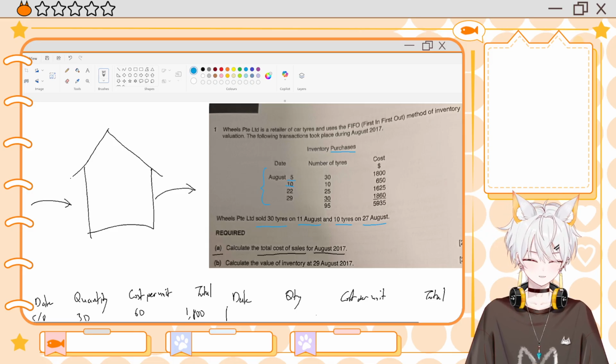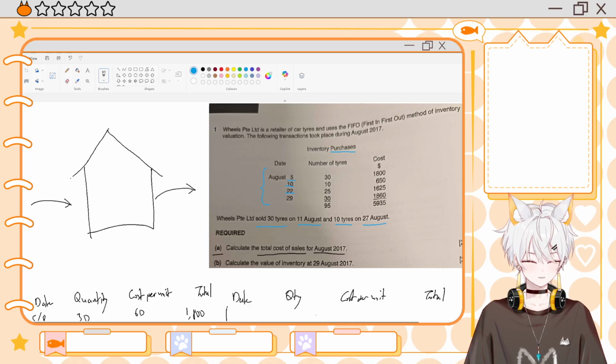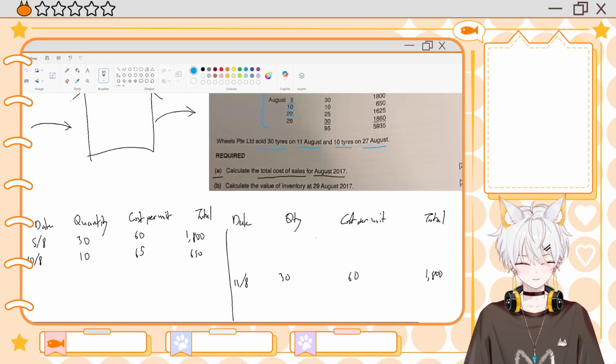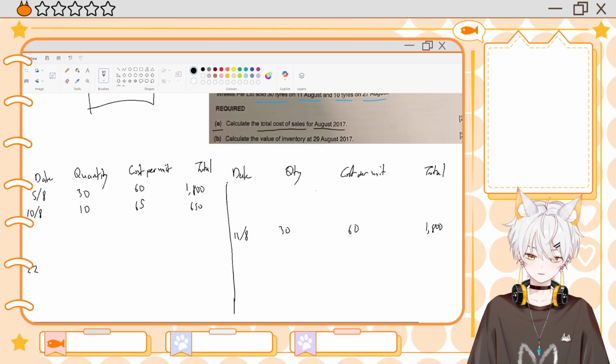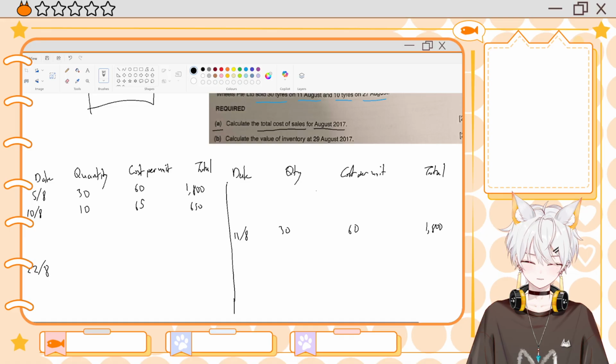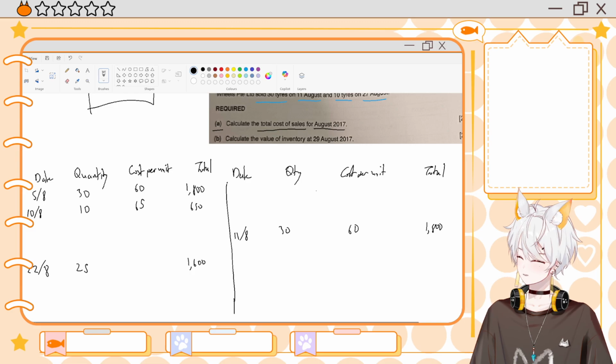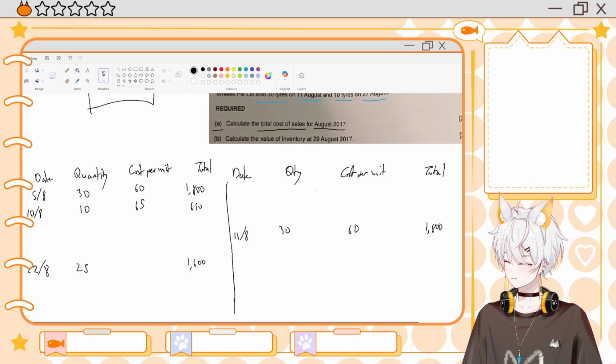What's the next date? The next date will be 22nd August, which will have 1625 as cost, and number of tires will be 25. So 1625 divided by 25.